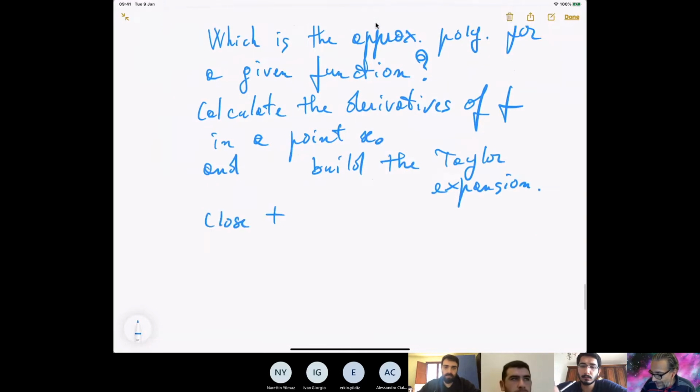Close to x0, you get the required approximation.